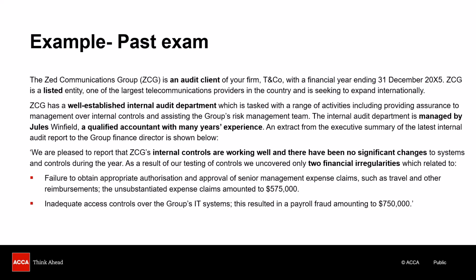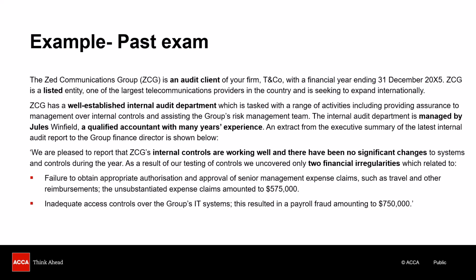As a result of our test of controls, we have identified 2 financial irregularities. There was a failure to get authorization and approval regarding expense claims for an amount of 575,000, and there was inadequate access controls over the IT system, and because of this there was a payroll fraud amounting to 750,000. Now this is quite intriguing.